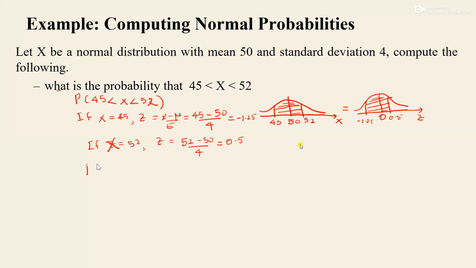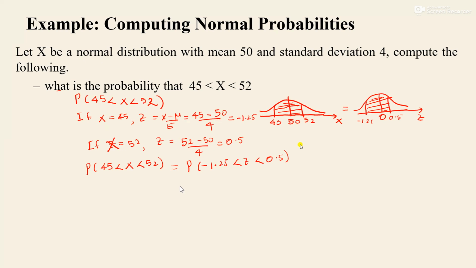Probability of 45 less than x less than 52. So now we are writing in terms of z. So probability of minus 1.25 less than z less than 0.5. So based on the diagram, one area is 0 to minus 1.25, another area is 0 to 0.5.